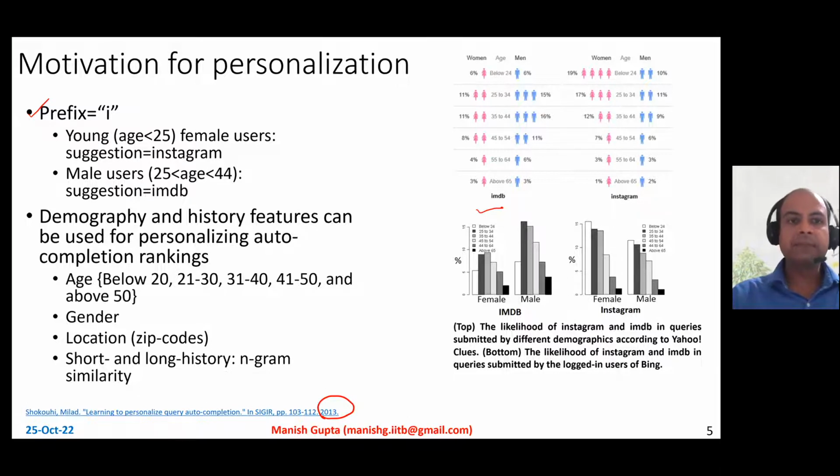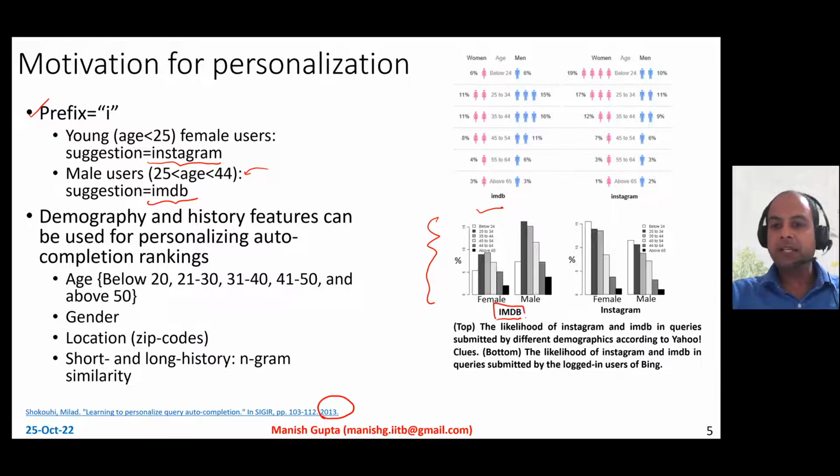So for prefix equal to "i", if you look at that segment of queries which start with "i", if the user is young and a female user, the most popular suggestion is Instagram. Versus if the user is a male user in that age group, the most popular suggestion is IMDb. In fact, here are some stats to show how the likelihood of the queries differs across age groups and across gender.